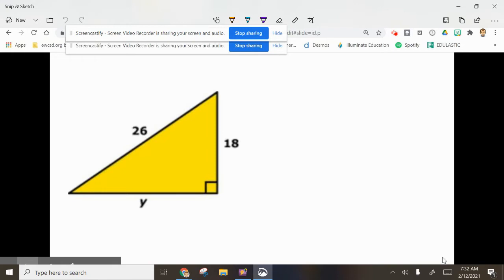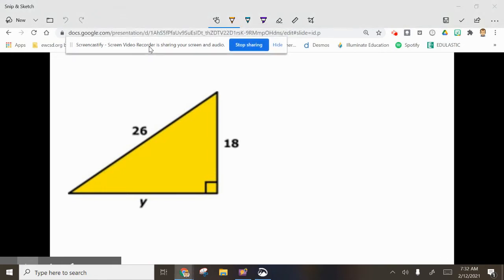Now, looking at this problem, my first thing I want you thinking is, can you find the right angle? The little square. If that's not labeled, that's going to be difficult for you to find your L. You know that this right angle is attached to legs.